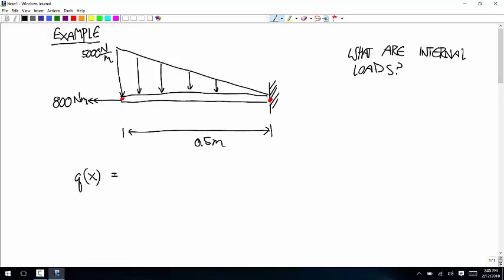The slope is the rise, which ends at 0, starts at 5,000, divided by the run, which is 0.5. All that times x, plus the y-intercept. When x is equal to 0, y is 5,000, so this is just plus 5,000.